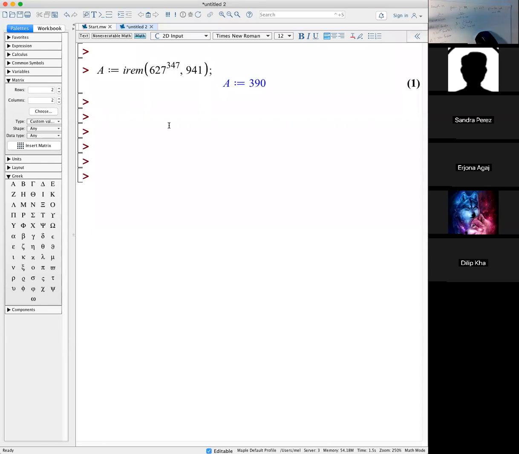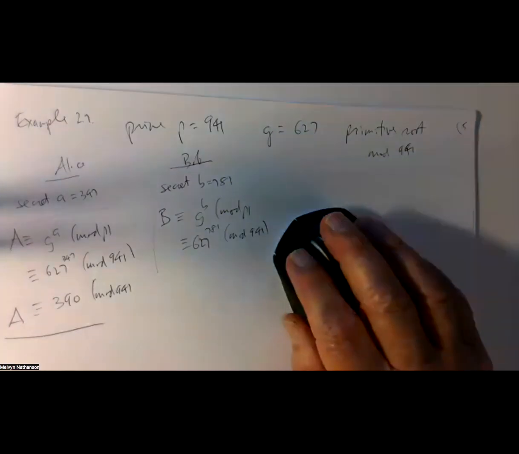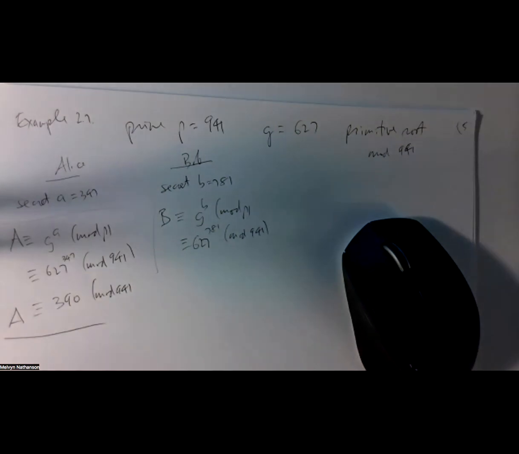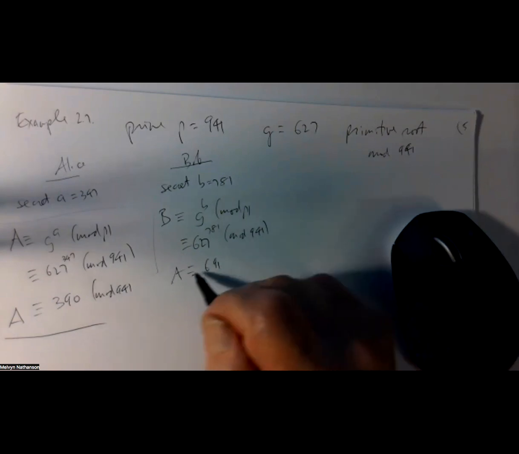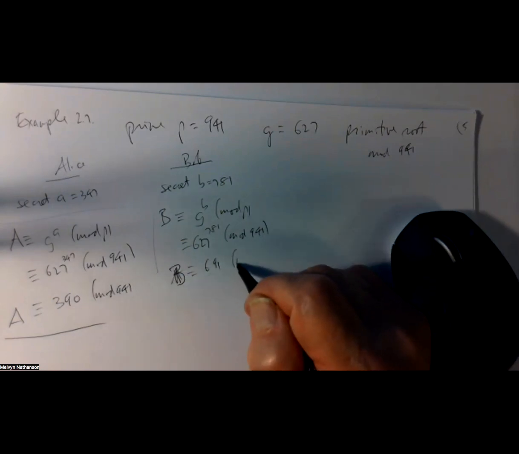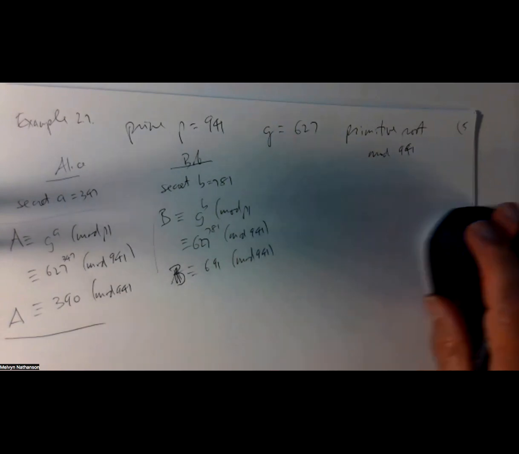So now my number B will be the integer remainder when I take 627 and raise it to the power 781 modulo the prime 941. And according to Maple, that's 691. And that's exactly what the book says also. That's always nice. So B is 691 mod 941.